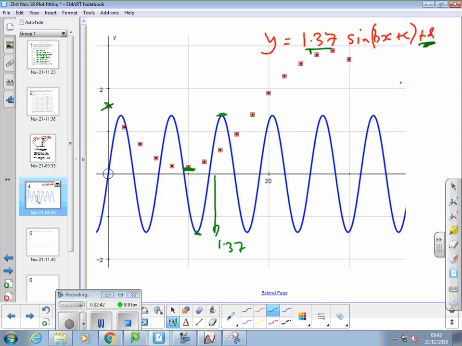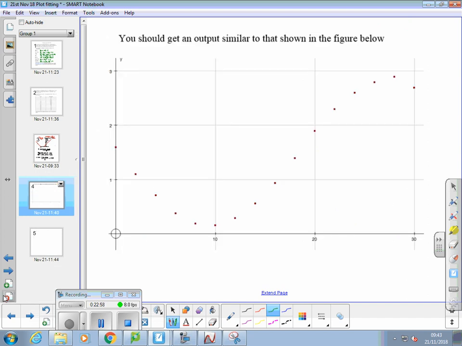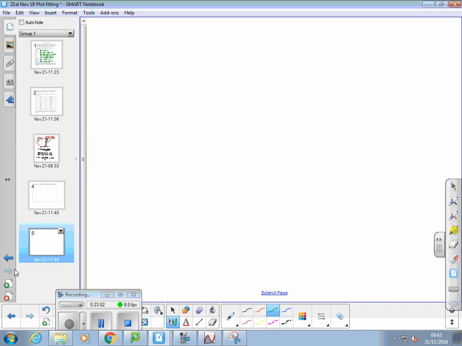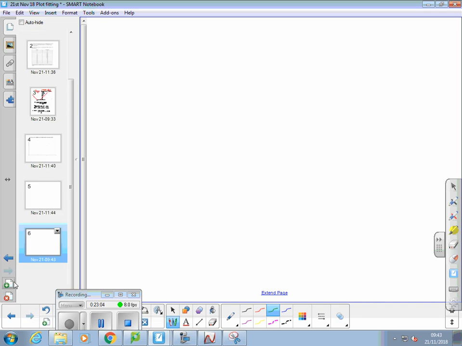Can you see that we want to shift this the same amount as the amplitude plus that bottom data point?